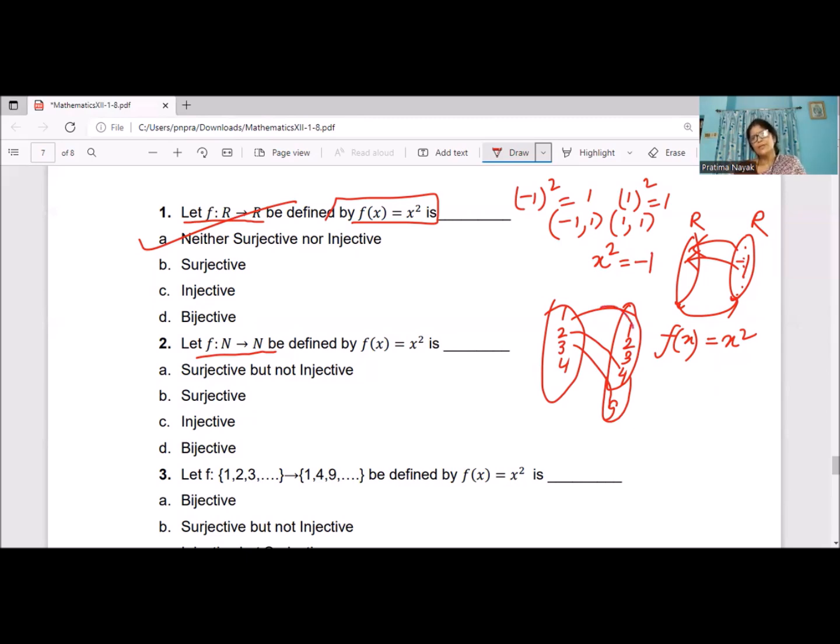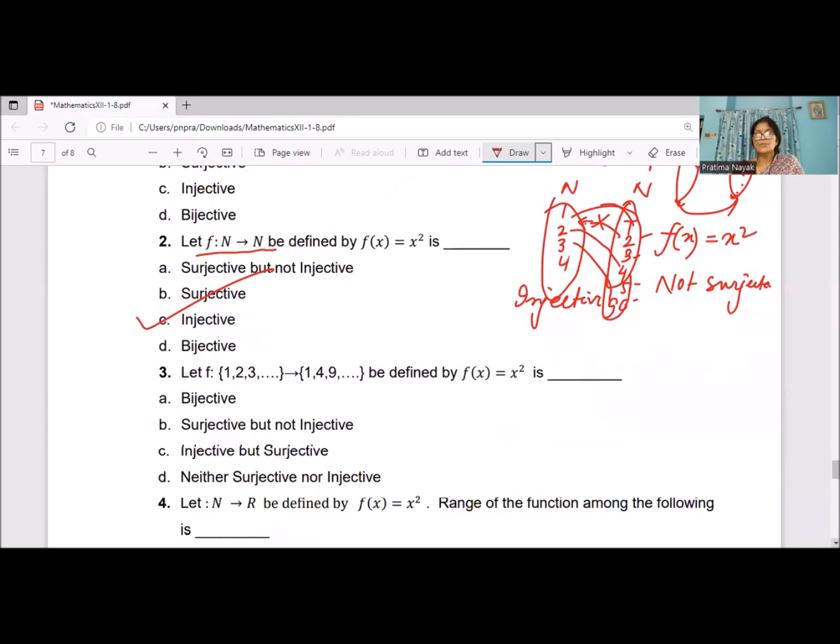But if we note, 2 has no pre-image. 2 is not the square of anything because we are defining from natural numbers to natural numbers. So 2, 3, 5, 6, these elements are left in the natural numbers which have no square root in natural numbers, so it is not a surjective function. So it is injective but not surjective. Now go for the options. So it will be an injective function. Answer is C.